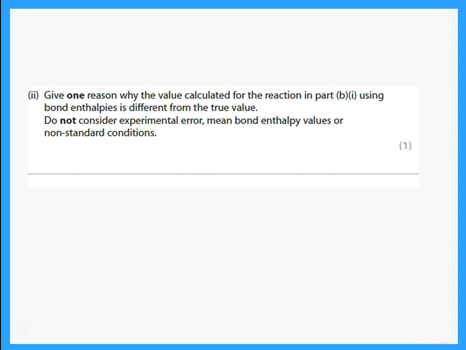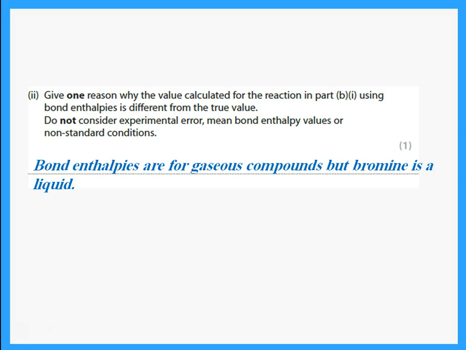And it says, again, give one reason why the value calculated is different from the true value. Do not consider experimental error, mean bond enthalpy values, or non-standard conditions. So remember, if we're doing this from bond enthalpies, bond enthalpies are given for gaseous compounds. The bond energy for each type of bond is given in gaseous compounds.